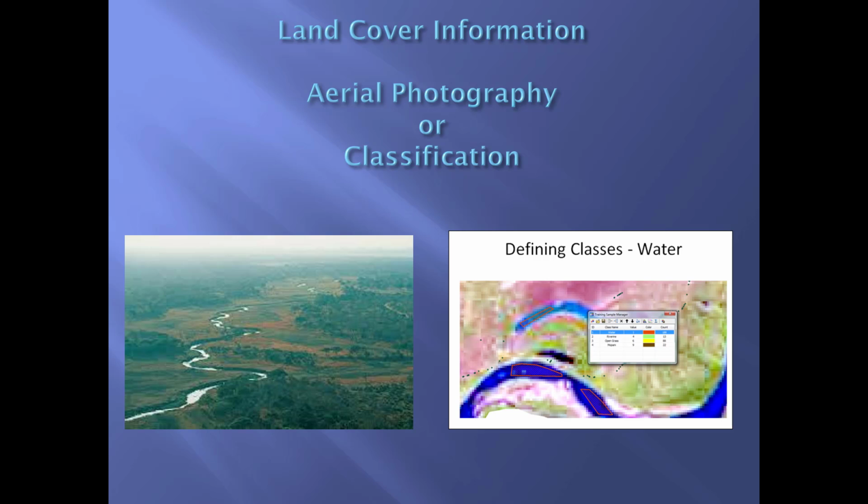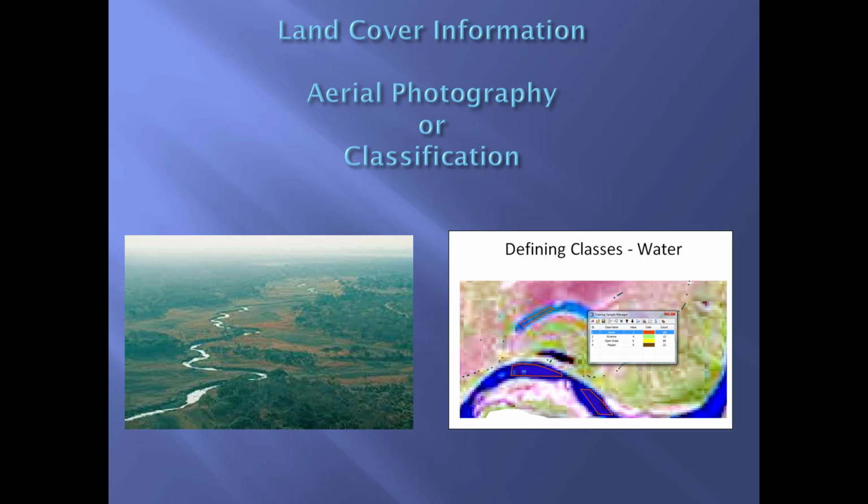On the right is a digital classification, and this is a sample of defining water classes from an area in Zambia, Africa. If you look closely, you can see that in the training sample manager, there are different land cover classifications of water, riverine, which would be wetlands. There's also open grass and mopani.